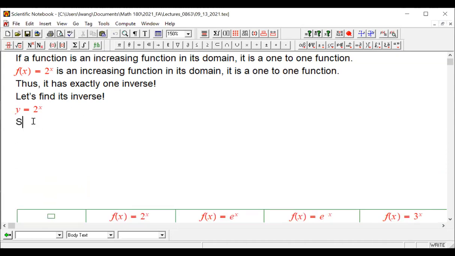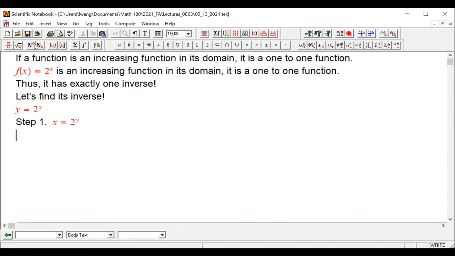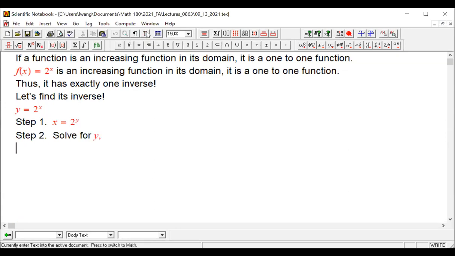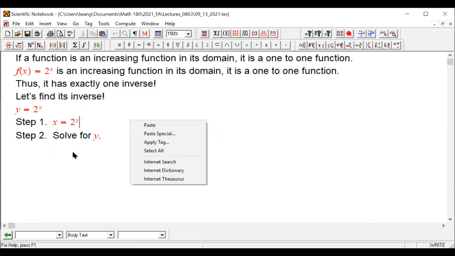The first step: swap x and y. So we get x equals 2 to the power y. And then what? Solve for y. If you solve for y, what do you get?